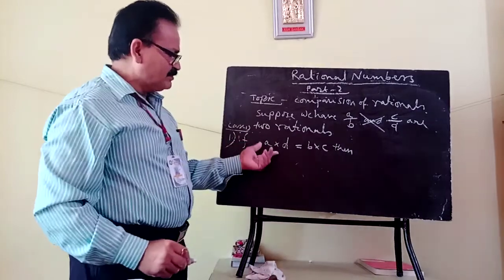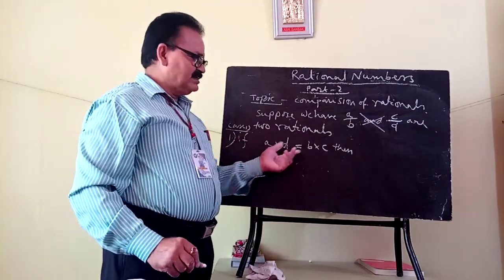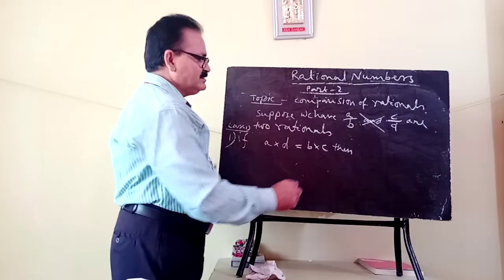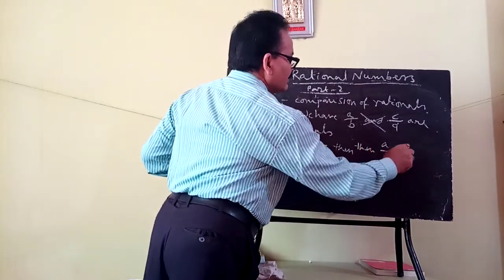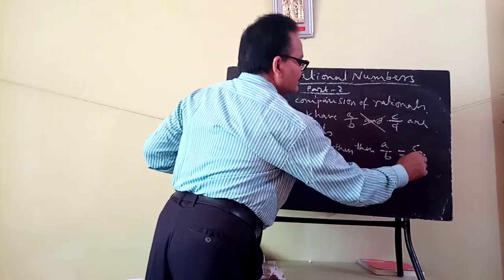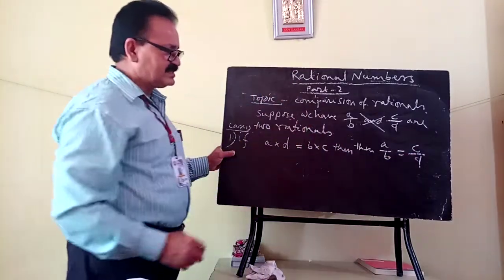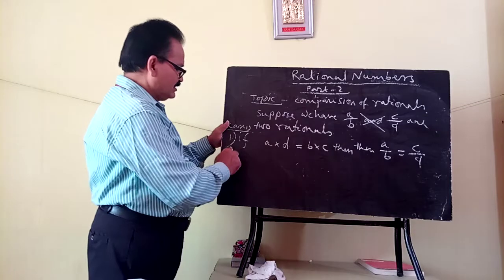What will happen? If the product of A and D equals B and C, then both the rationals are equal, A by B equals C by D.